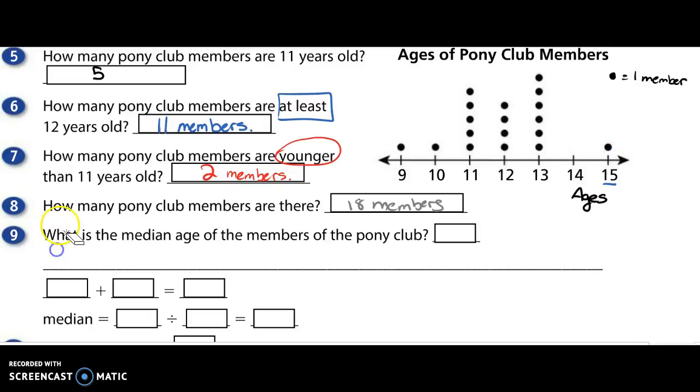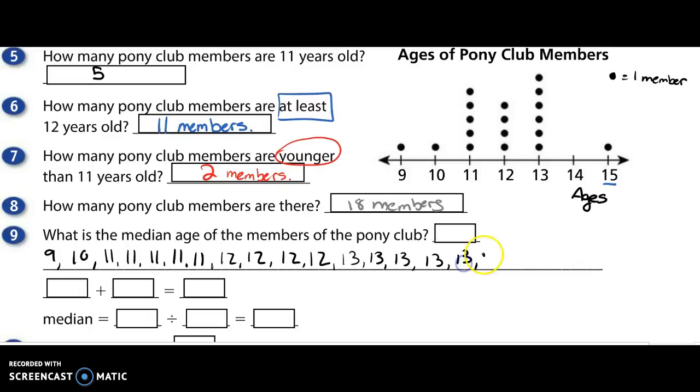I've got one 9, one 10, five 11s, four 12s, six 13s, and one 15. So now my data is in order from least to greatest.